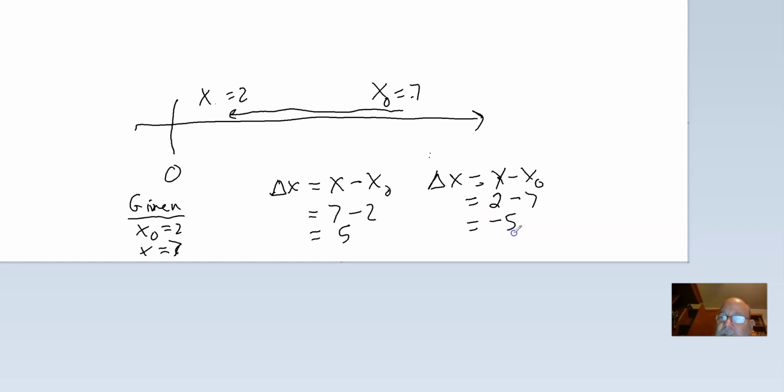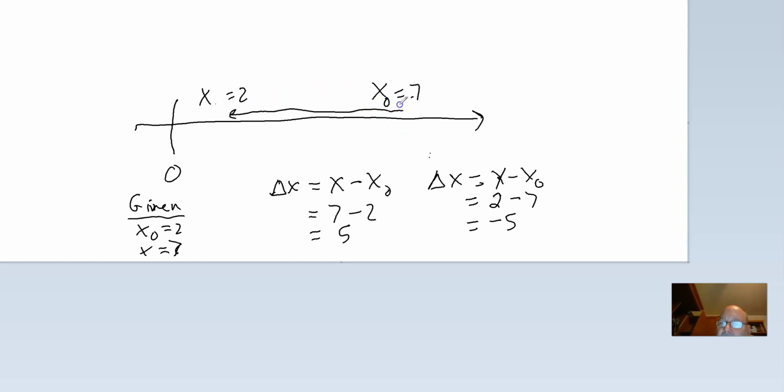Now, I'm not at a value of -5, am I? What has happened is that I've gone 5 units in the negative direction. Okay, I've gone from 7 to 2. And so what we need to always make certain is that our math, the formulas that we use, the values that we get are corresponding to what we see on the diagram.